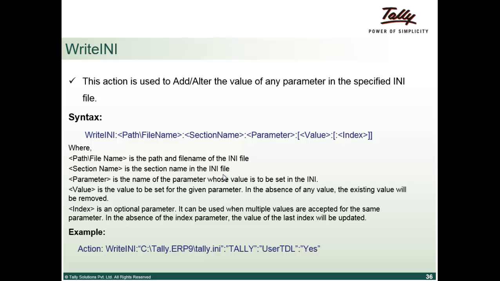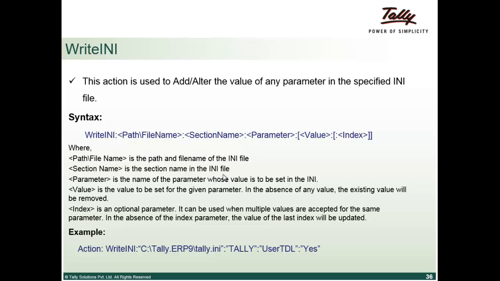If you have not specified any value, then the value which is already there for that particular parameter will be removed. And then there is an index parameter, which is optional, and this is used when multiple values are set for that particular parameter.